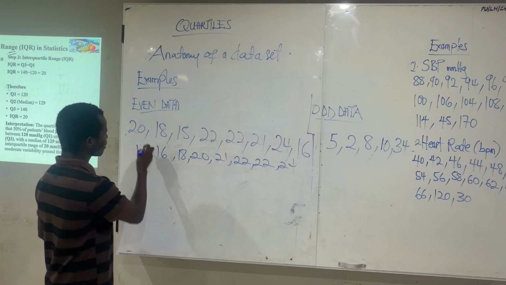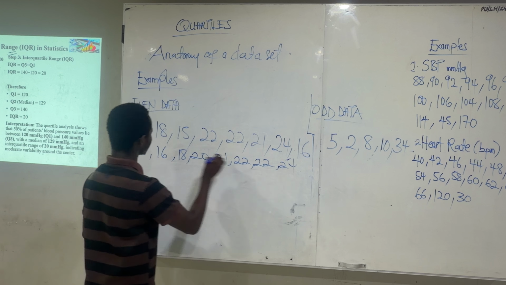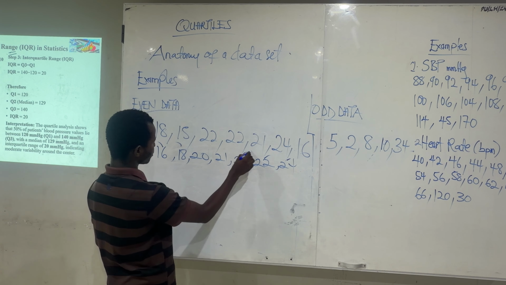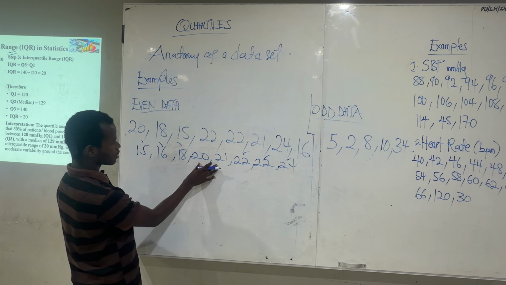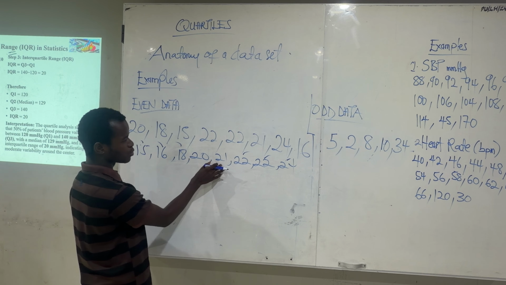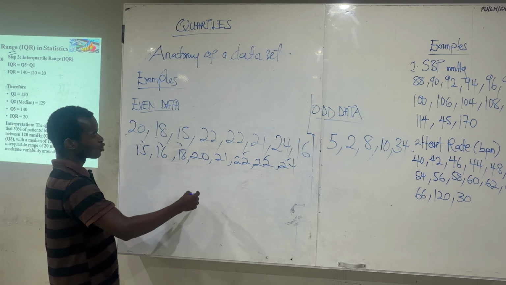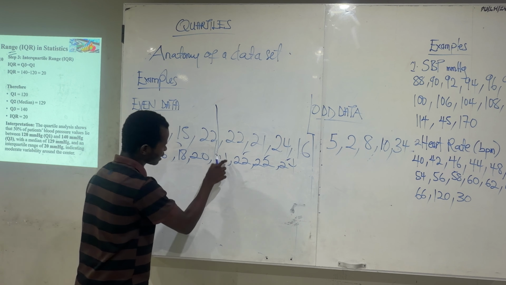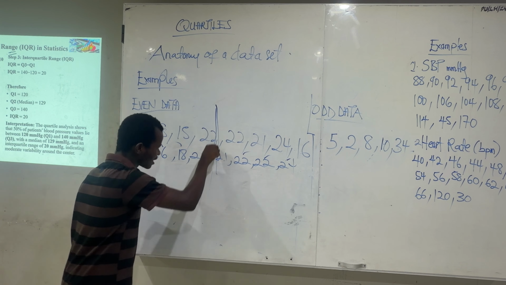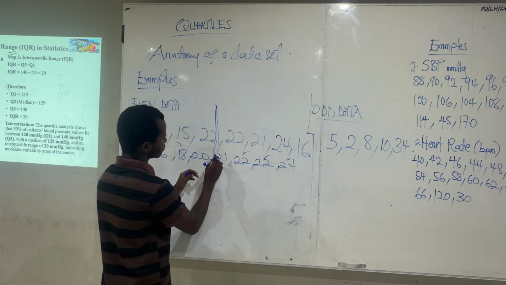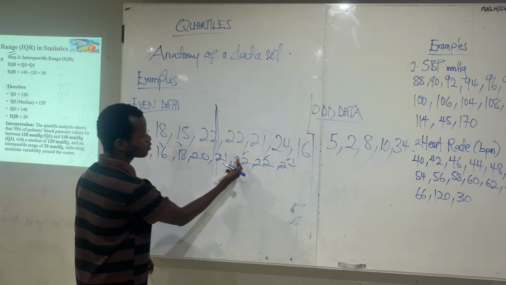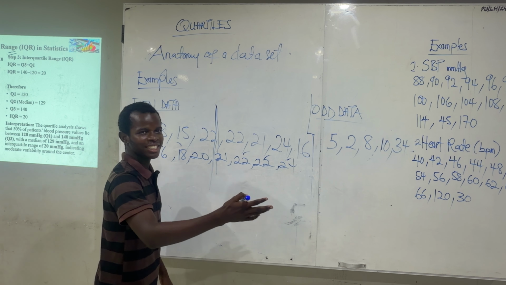So let's start. We have 1, 1, 2, 2, 3, 3. So the 20 and 21 become our middle numbers. So you draw a middle line in between the two, like this. Right now we have 1, 2, 3, 4 at the left side, 1, 2, 3, 4 at the right side.